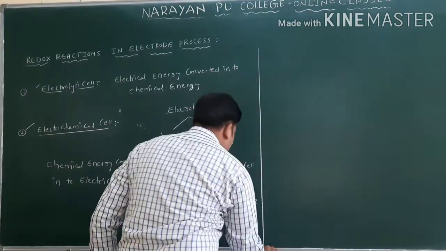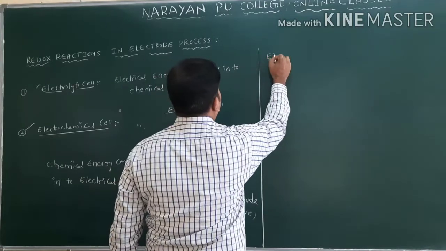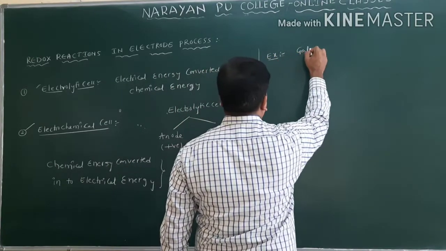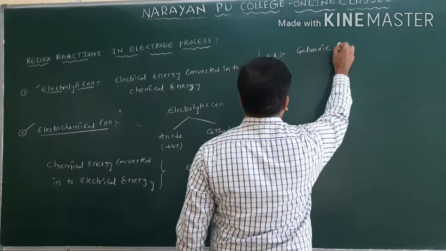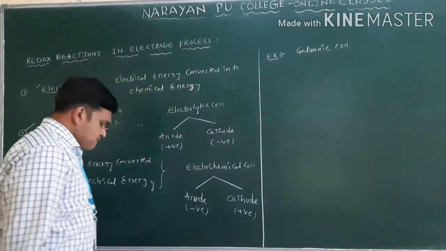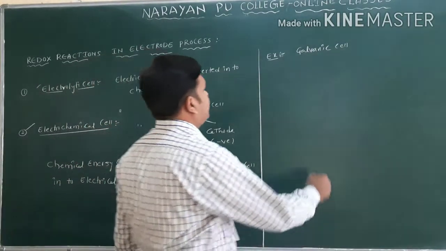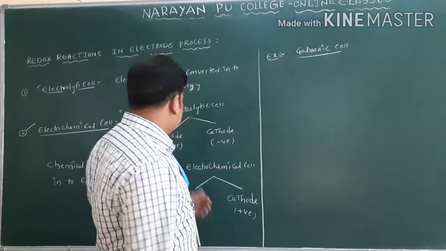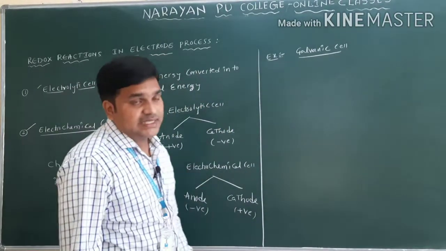So what is the example for this electrochemical cell? We take the galvanic cell. Galvanic cell is the best example for the electrochemical cell. In this galvanic cell, chemical energy is converted into electrical energy.